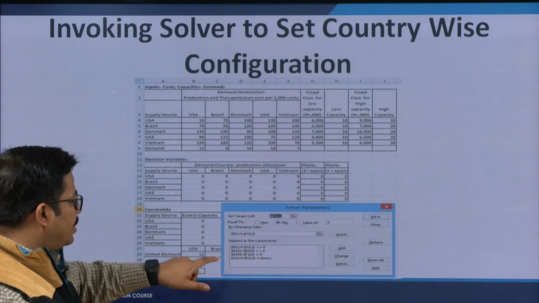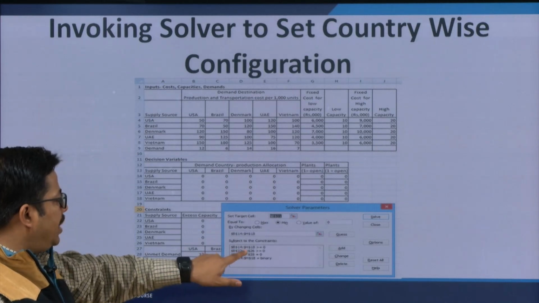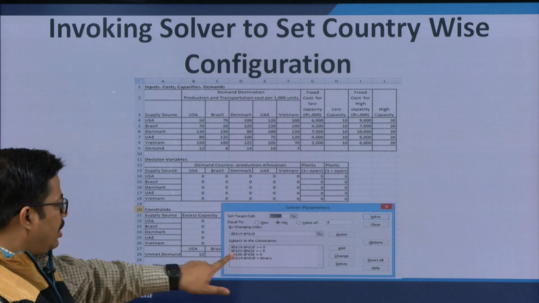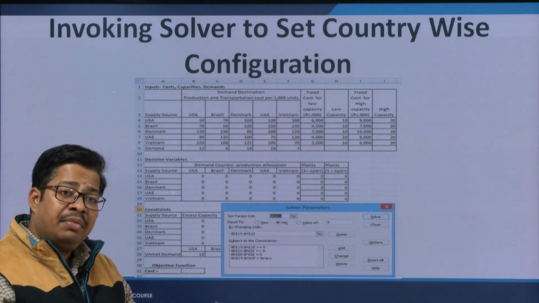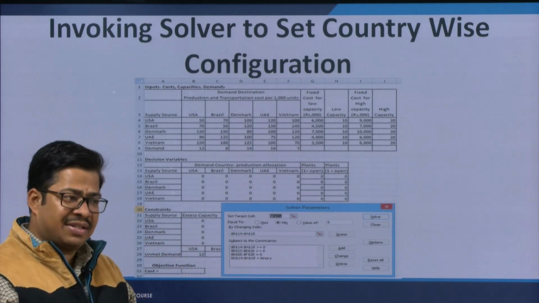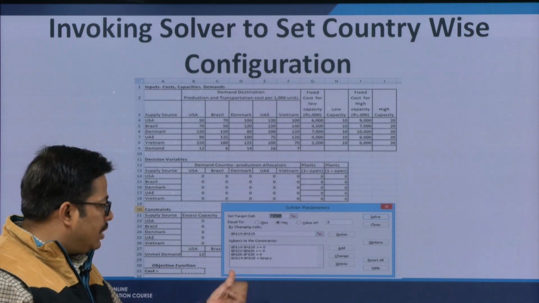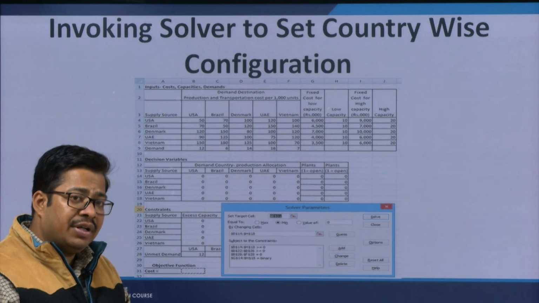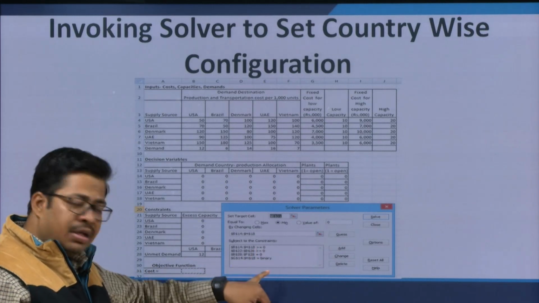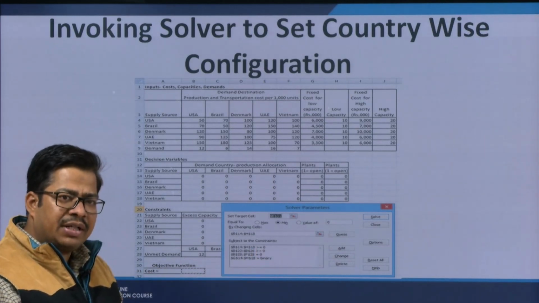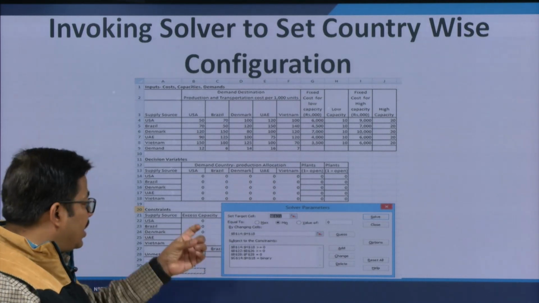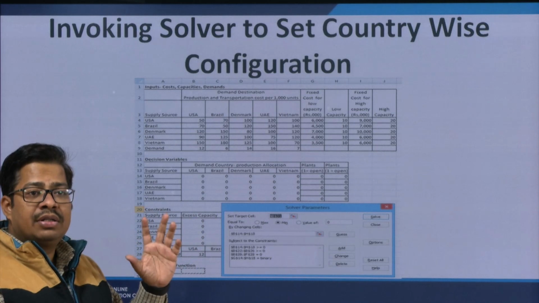Then second is B22 to B26, you can have any positive value of excess capacity. If this constraint sign is reversed, the meaning of that can be you can supply more than available capacity at a particular supply source.